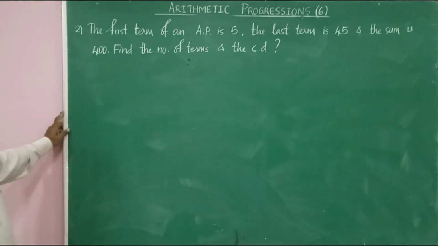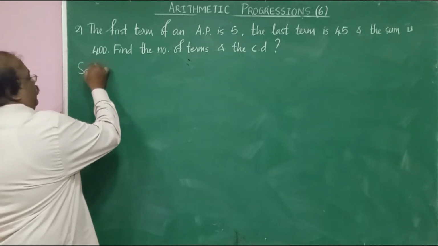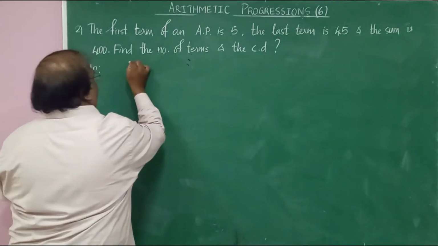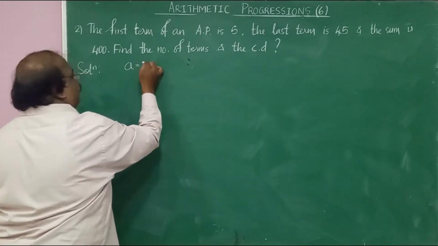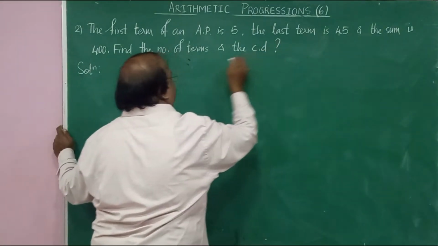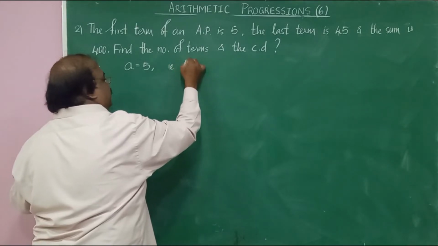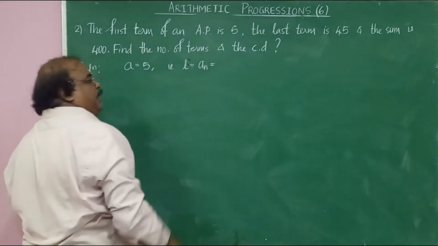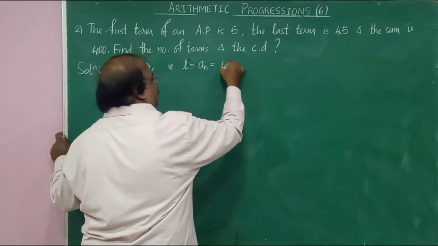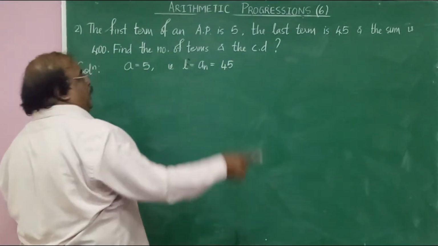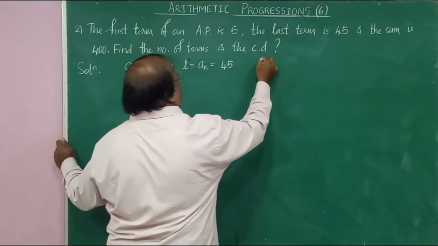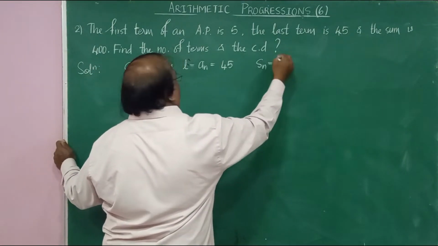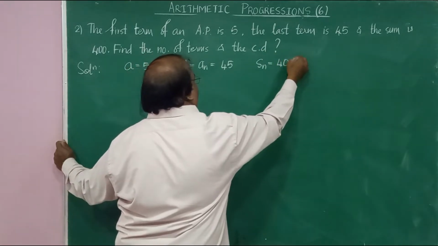Let me write first what is given to you in the question. What is given? The first term is 5. The last term, l, or which can be also represented by an, is 45 and the sum of the series is 400.